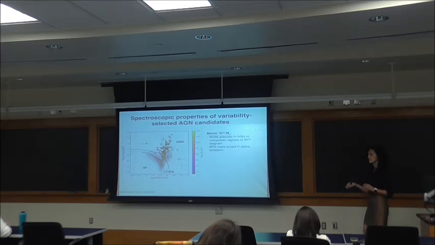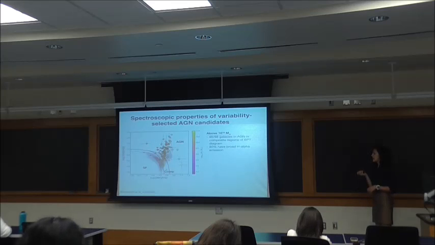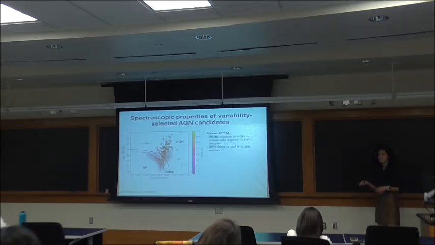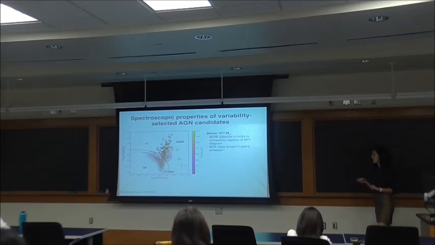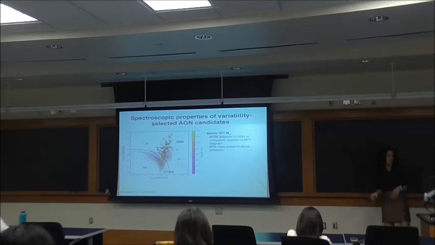The little circles indicate the detection of broad H alpha emission. What we found was that above 10^10 solar masses, basically all of the variability-selected AGN are in either the composite or AGN regions of the BPT diagram, and a large fraction of them, 80%, have broad H alpha emission.